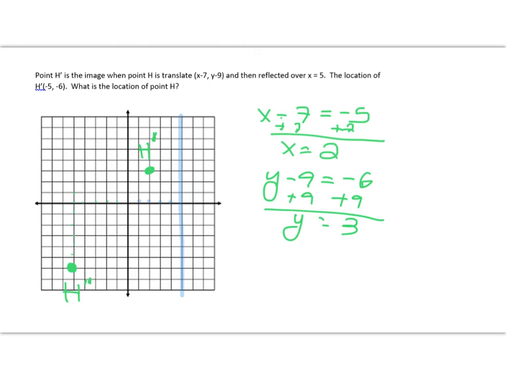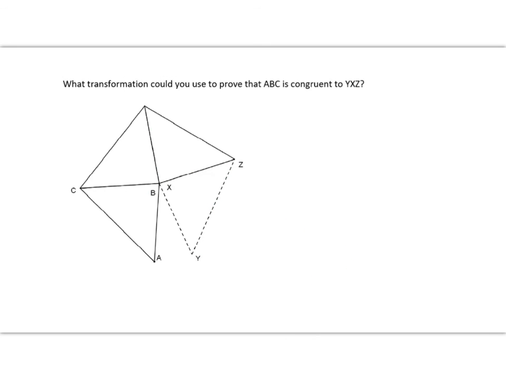Remember, it goes through the x-axis at 5. And what I did is I reflected over there. So let's reflect it. 1, 2, 3. 1, 2, 3. And my final point is 8, 3.